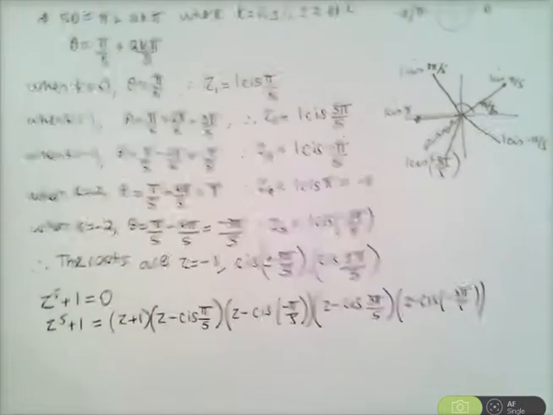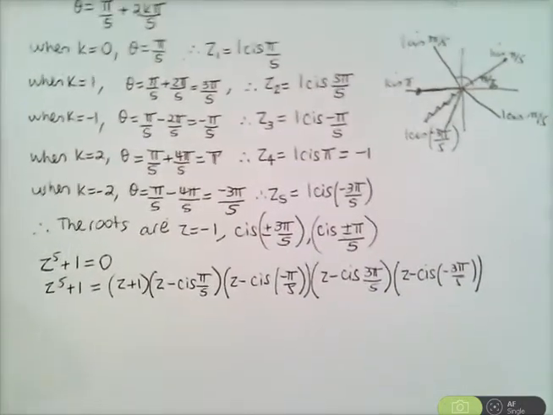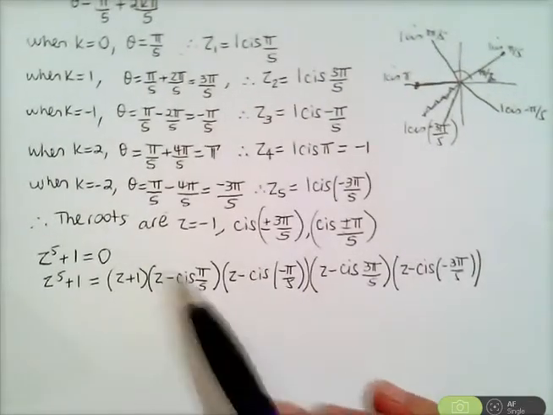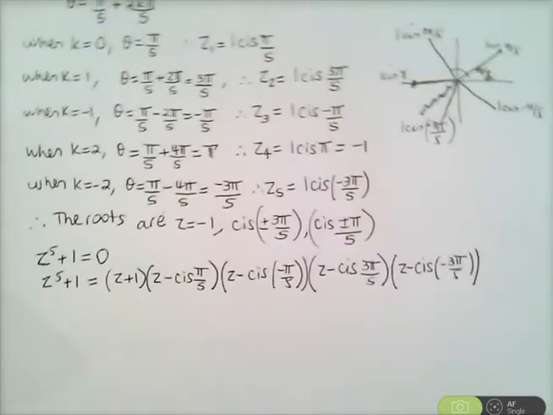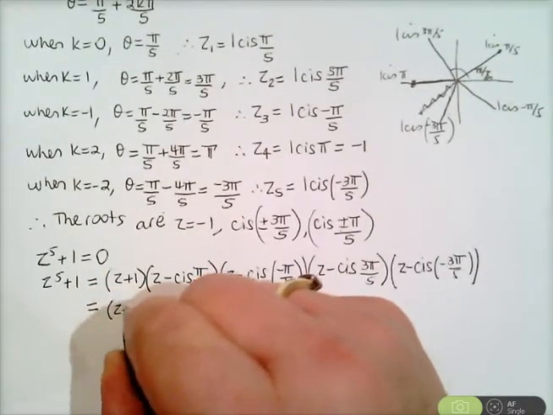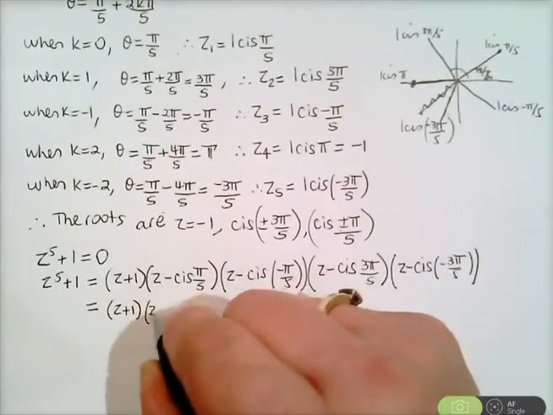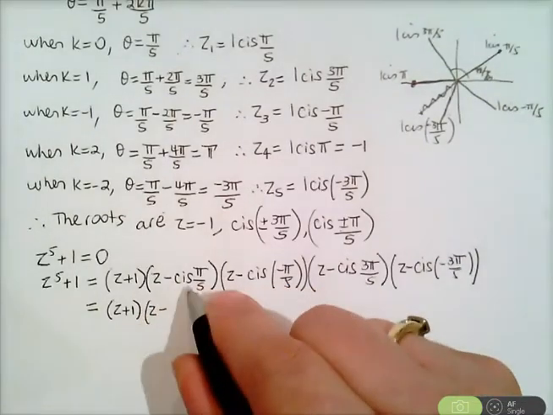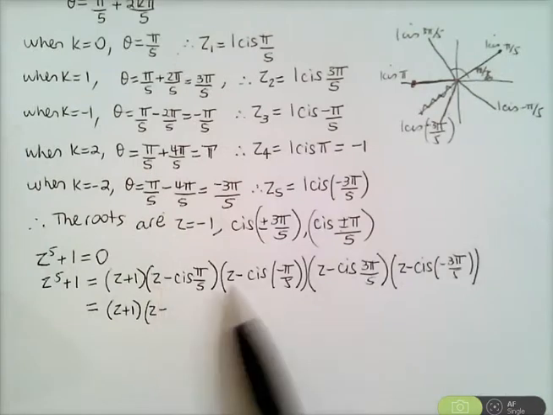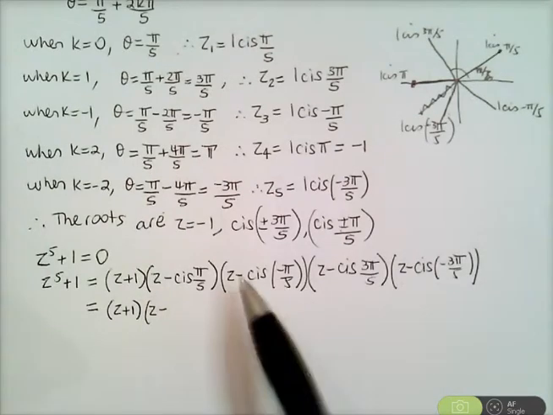Okay, so that's factorised. z to the power of 5 plus 1 equals those 5, they're your 5 factors, basically. Now, this is the same as z plus 1 times z minus, we're going to open this all up now. There are ways you can do this. I'm actually going to expand my brackets.